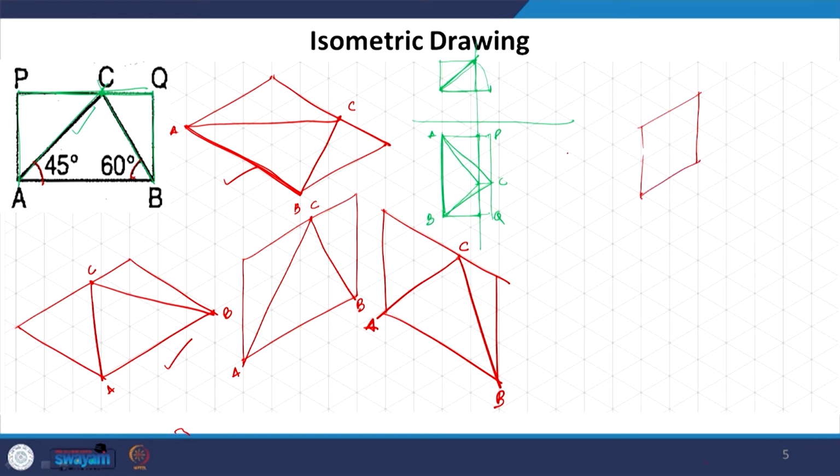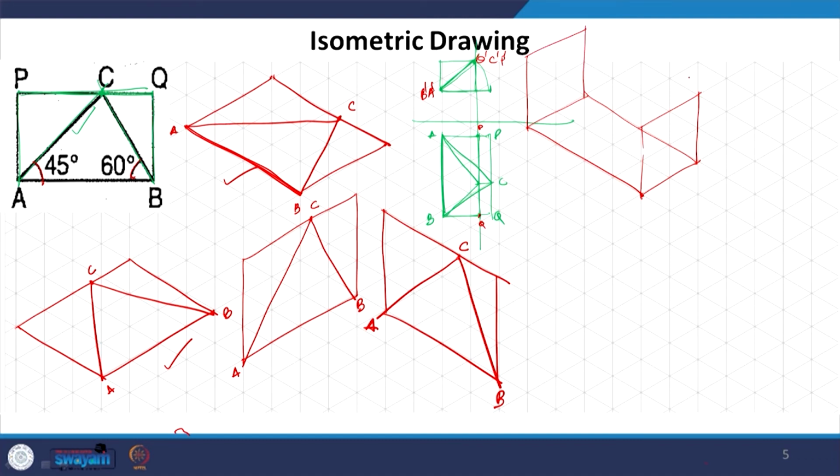This is the other rectangle, say P Q, and this was say B dash A dash and Q dash C dash B dash. Okay. And I make this again. So, these are these two rectangles.